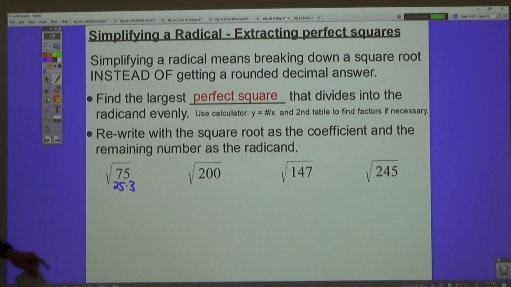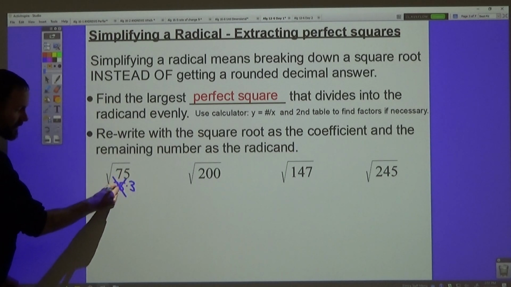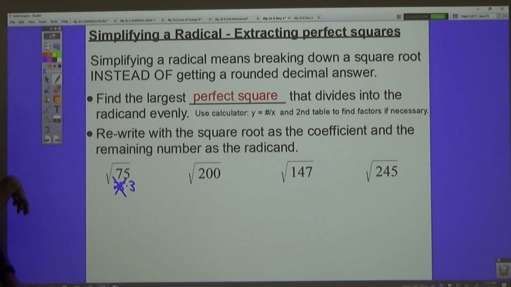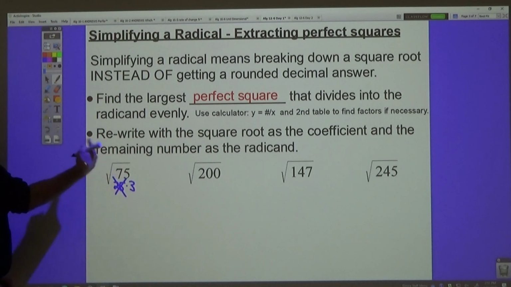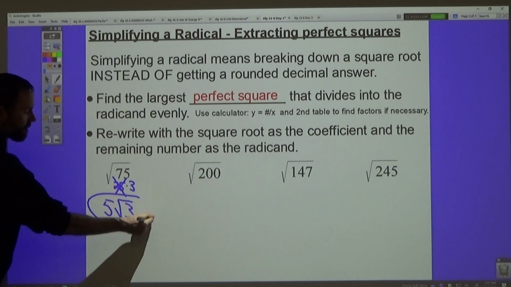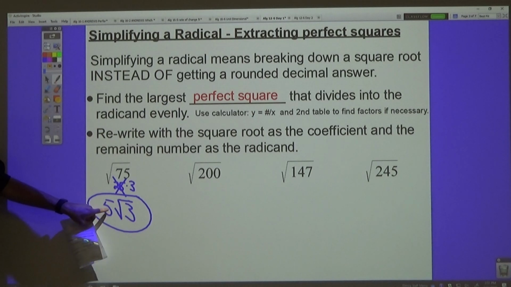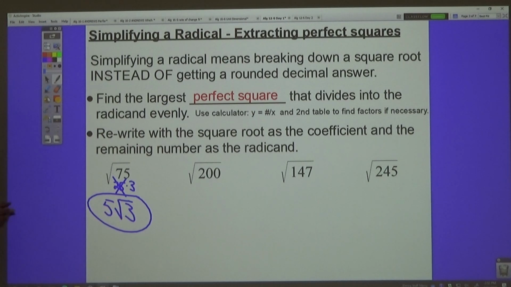What you're going to do is take the square root of 25. I like to put an x on it and bring out the 5, because the square root of 25 is 5. So I cross off the 25 and bring out the 5. It ends up being, in simplest radical form, 5 radical 3. This really means 5 times radical 3.